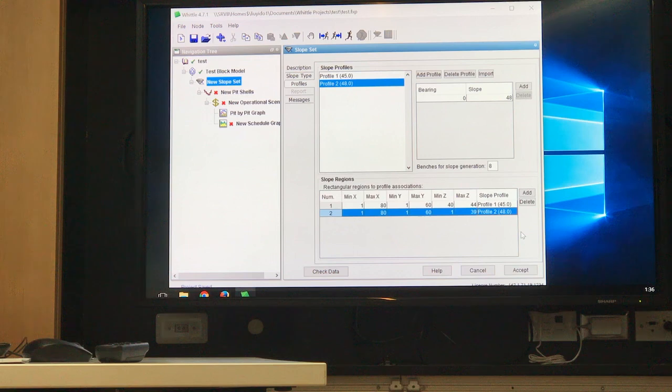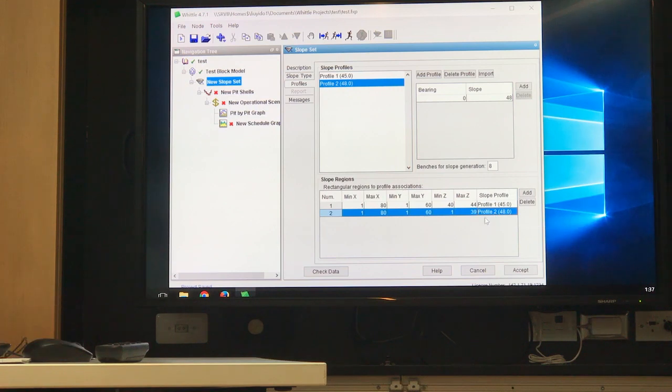So the first 4 benches will have a profile of 45 degrees slope angle, and the other parts below this, below the 40 meter, it's going to be the profile number 2, 48 degree.